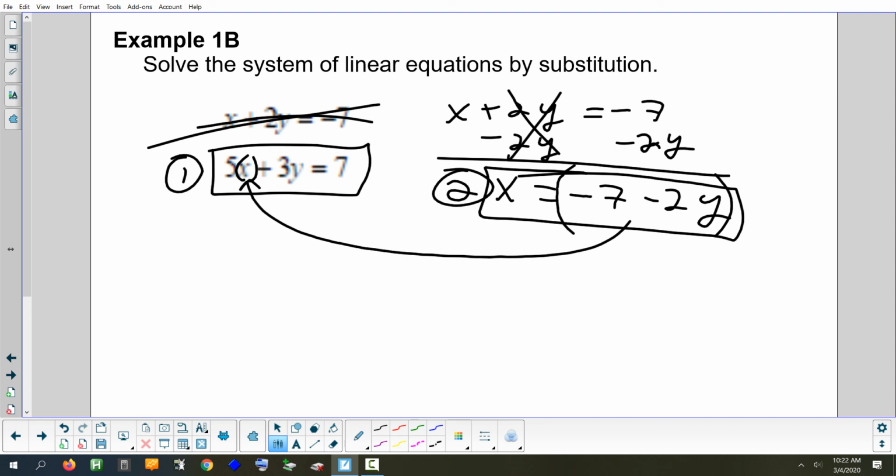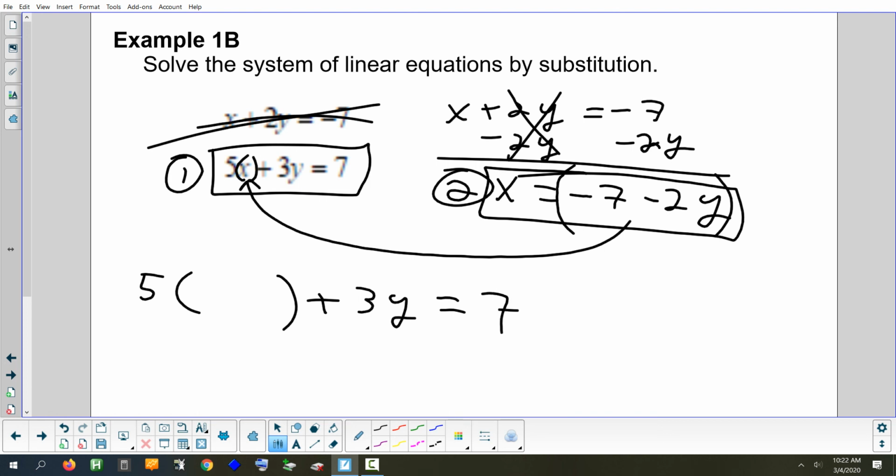And then go through the problem like we always do. So we're going to have 5. Leave a little bit of space next to the 5. Plus, how about, Kayla, what's going to come right after the plus? Yep, 3y equals, and how about, Leilani, what's going to come after the equals? 7.